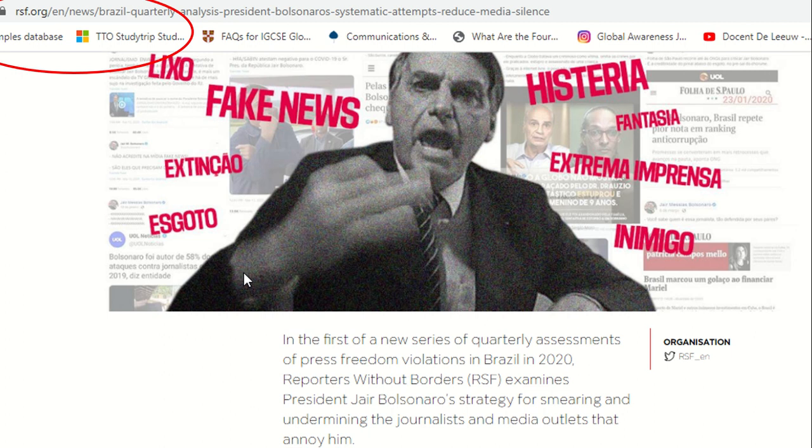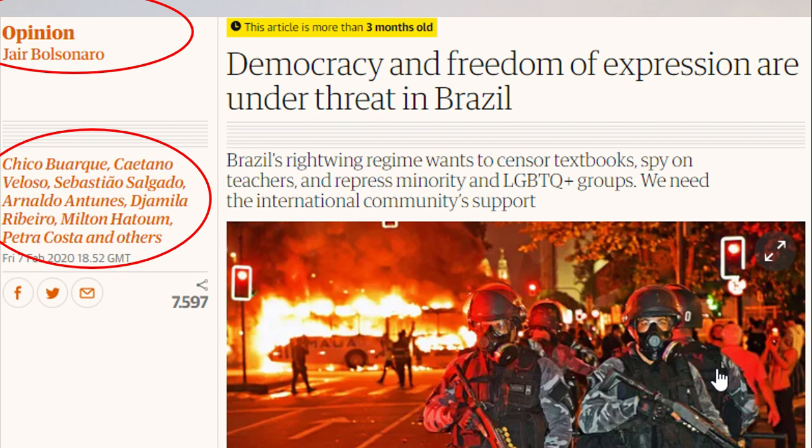Another statement is made by this organization, Reporters Without Borders, saying that lots of journalists are threatened by all kinds of means, even by their own president. Democracy and freedom of expression are under threat in Brazil, according to these people. There might be a huge problem for journalists in that area, but who are these people saying this to us?